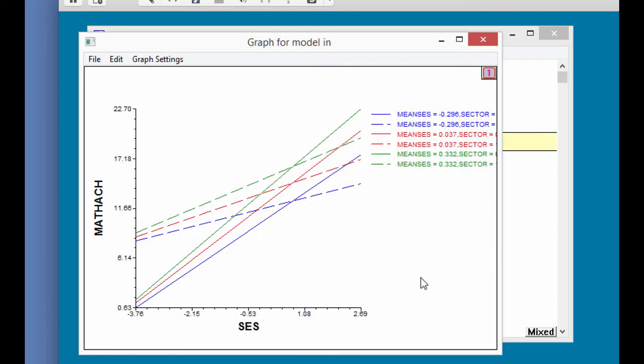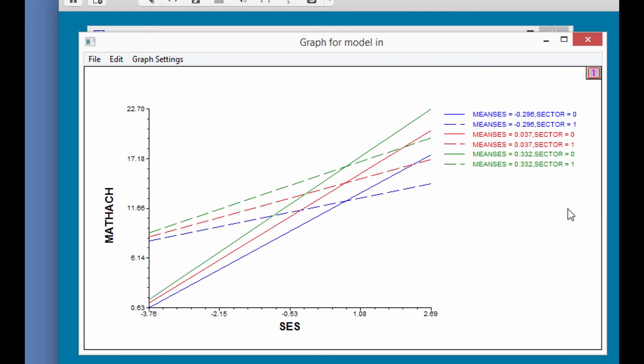What this does is break out high, moderate, and low SES and its relationship to math achievement by public, which are the solid lines, and Catholic, which are the dashed lines.